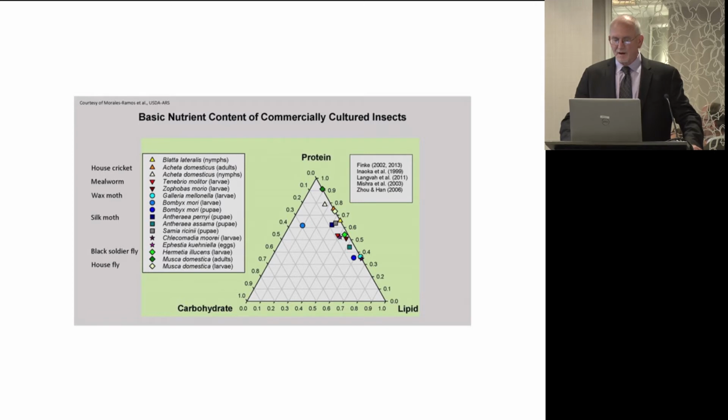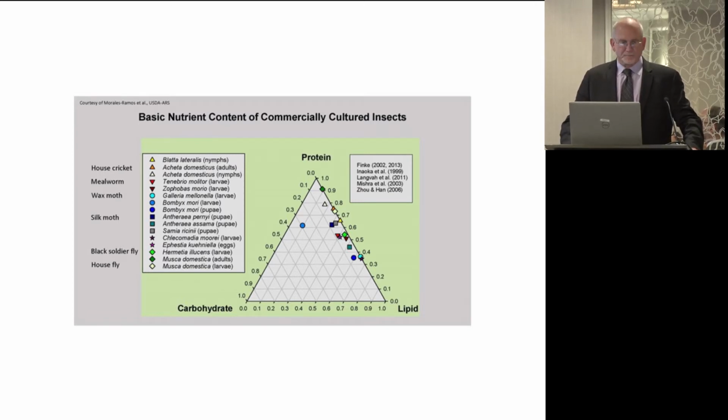So this 3-part graph shows you the protein, lipid, and carbohydrate content of a number of different ones: house cricket, mealworm, a couple of moths, soldier fly, and housefly, the larvae of those two.